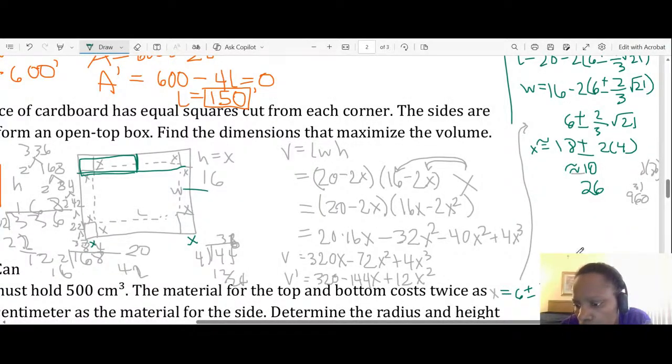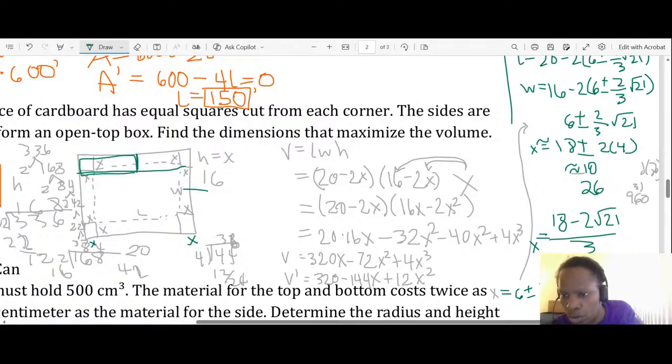Okay, so it's going to be 18 minus 2 square root of 21 over 3. That's what x was.